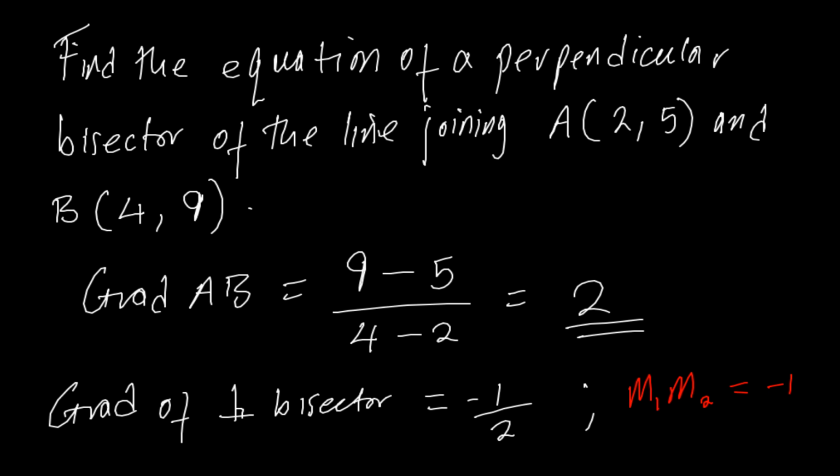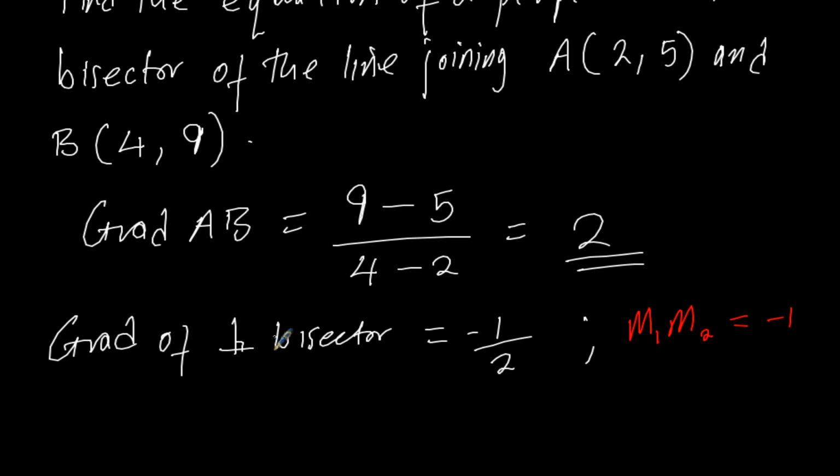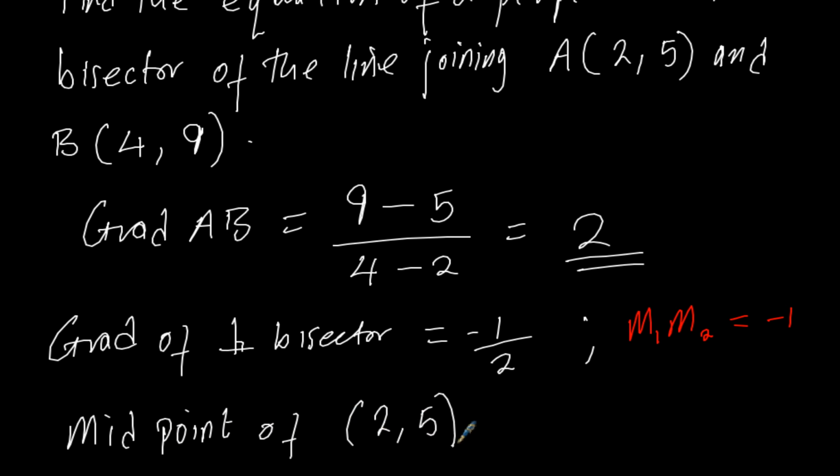And then the next thing is finding the point where the line passes. And the point where the line passes is the midpoint, since they said the perpendicular bisector. So let's find the midpoint of (2, 5) and (4, 9).